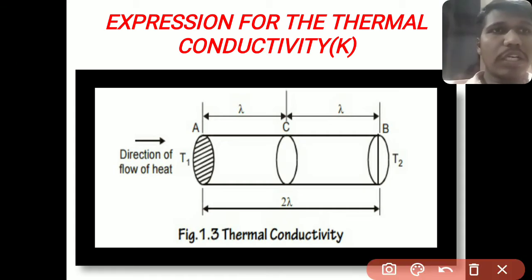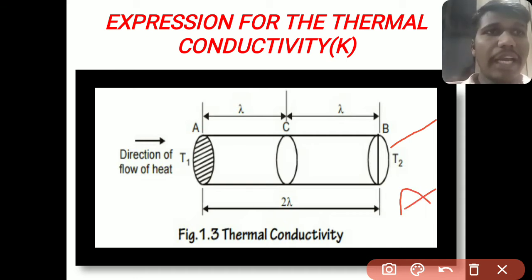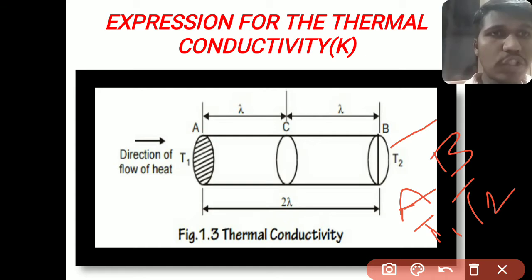So we see that this is a cylindrical metal rod and it has two ends. The first end is A and the second end is B. At the end A the temperature is T1, where heat flows from the higher temperature, and T2 is the lower temperature.